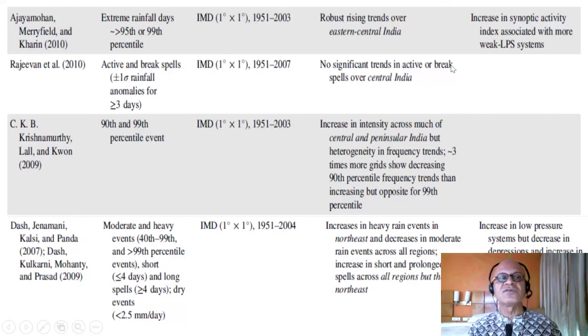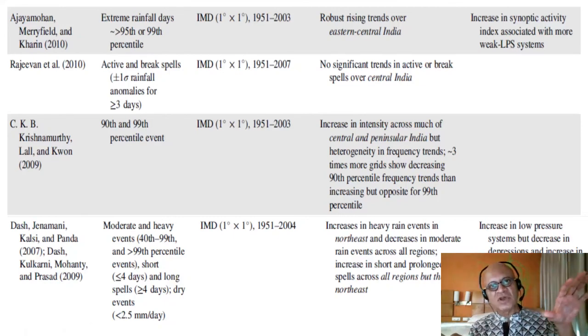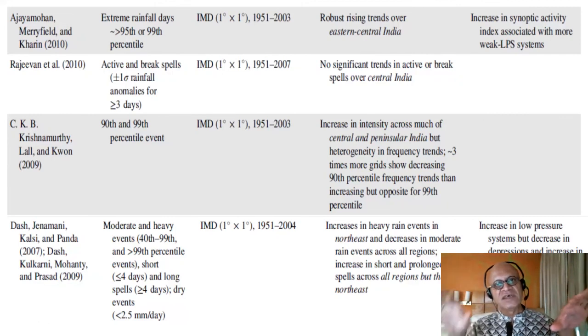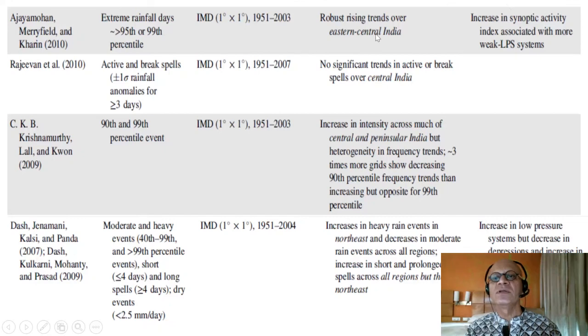So again, this raises questions about whether there is a trend in low pressure systems, monsoon depressions, or there is a compensation in terms of an increase in the synoptic time scale of 3 to 10 days and decrease in the lower frequency in terms of 10 to 60 or 10 to 100 days, and what it means in terms of the extremes over eastern and central India when the extreme rainfall days are defined as greater than 95th or 99th percentile.